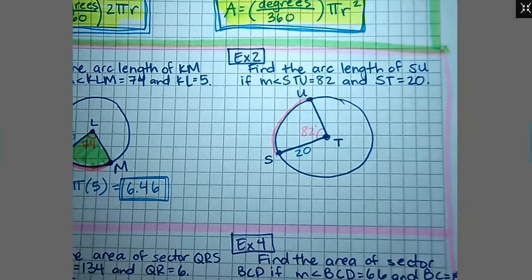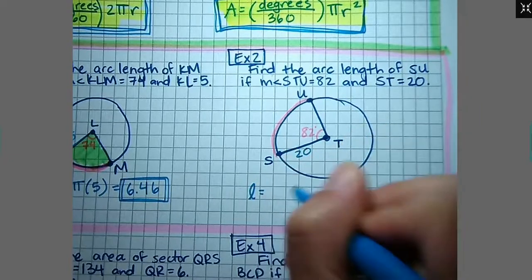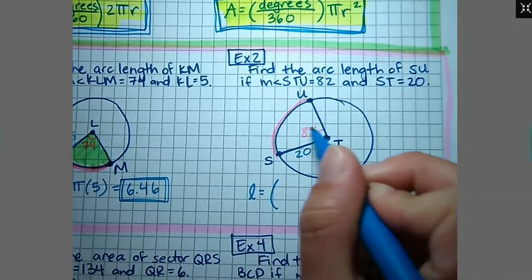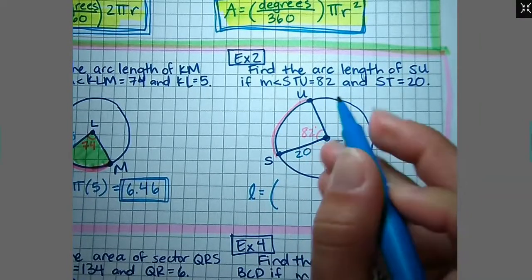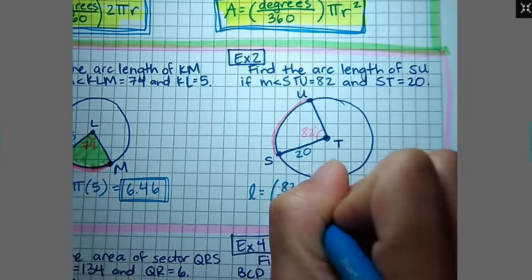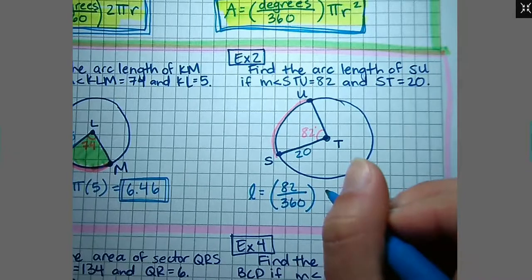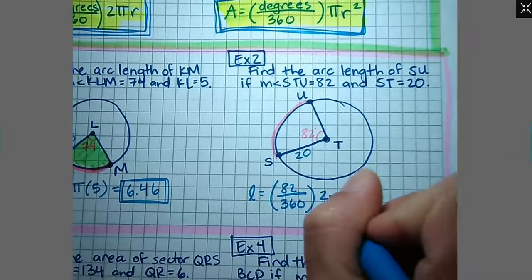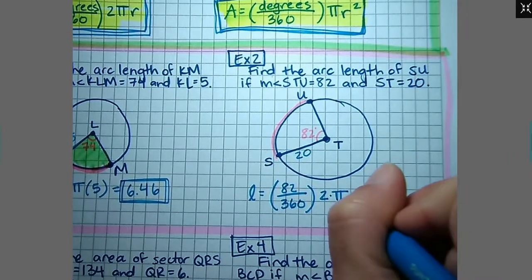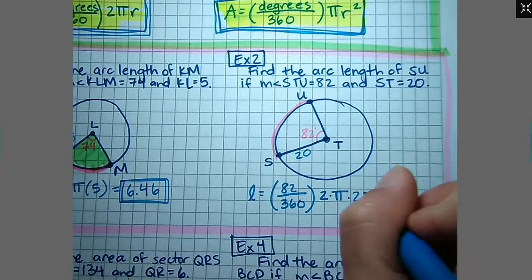Okay, so we're just going to plug this straight into the formula. It's always the measure of the angle, so 82, divided by 360, and then times the circumference formula, so times 2, times pi, and then times the radius, so times 20.